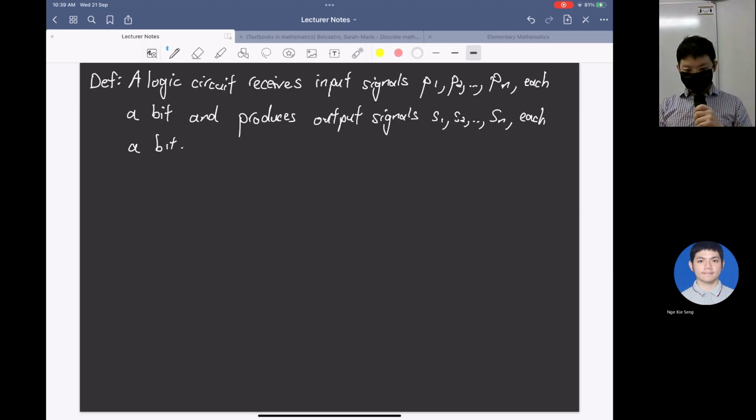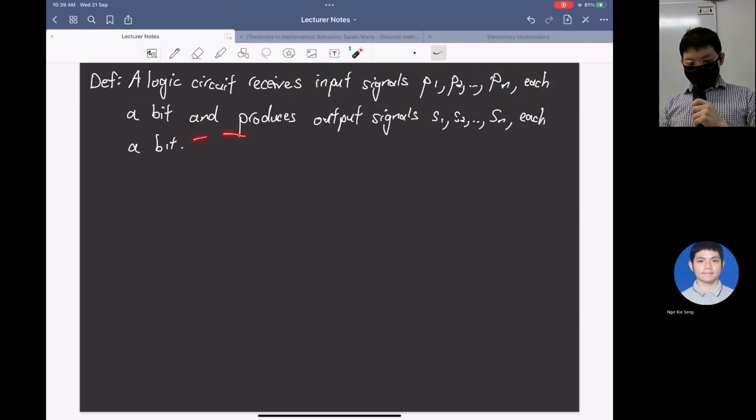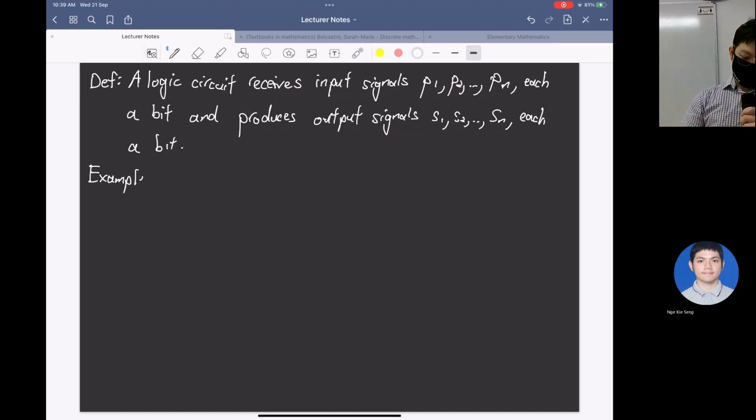Okay, continue. A logic circuit receives input signals. Actually, not propositions, the 1 0 thing, the bits. And then the bits produce other bits. So for example, this example should be kept in mind. Maybe you have seen this in some physics classes before. This is called the NOT gate, or the inverter.